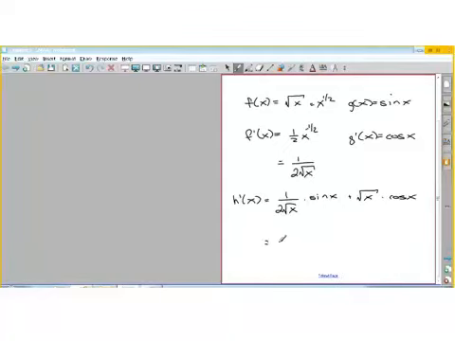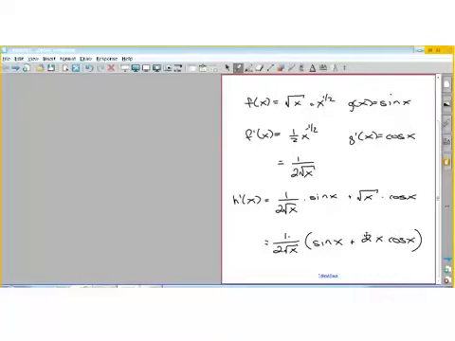The only thing you could do is factor out 1 over 2 square root of x, and then you'd have the sine of x. And the second term, to do this, you would multiply the numerator and the denominator by 2 square root of x divided by 2 square root of x, and ultimately the answer is 2x cosine of x.